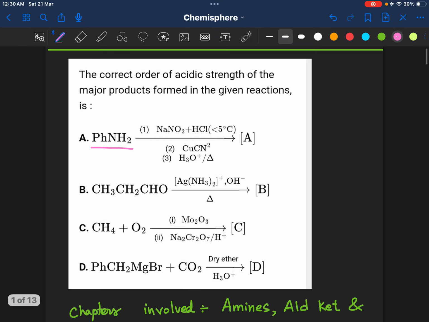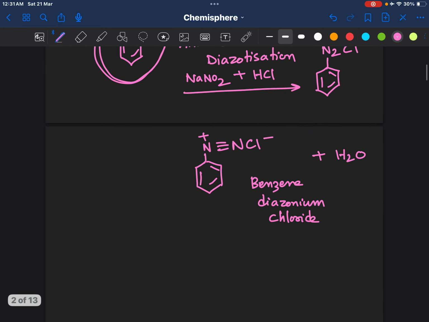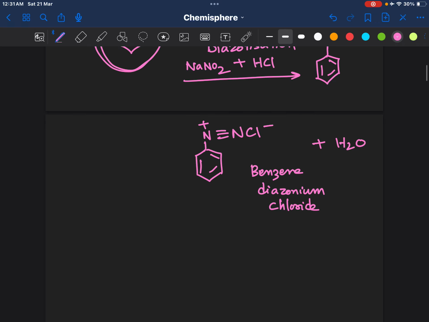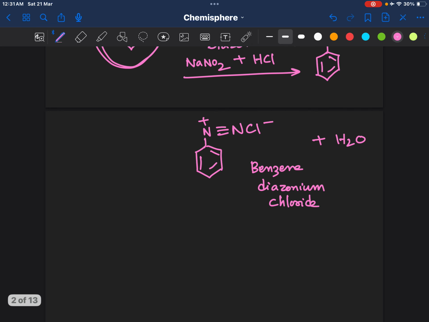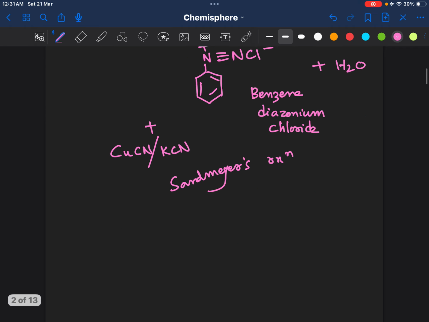Let's see what they are doing in step 2. In step 2, they're reacting it with CuCN. Whenever benzene diazonium chloride reacts with CuCN dissolved in KCN, this reaction is known as Sandmeyer's reaction, and ultimately we get benzonitrile.